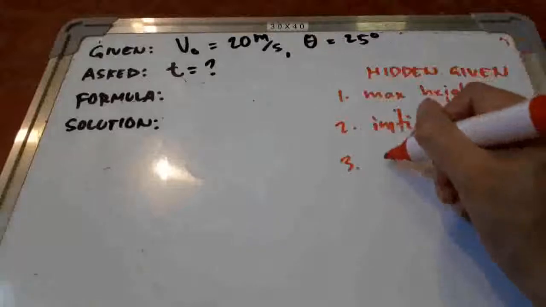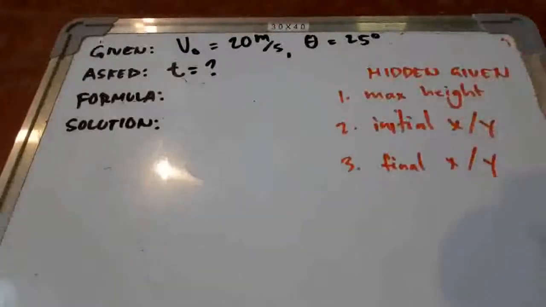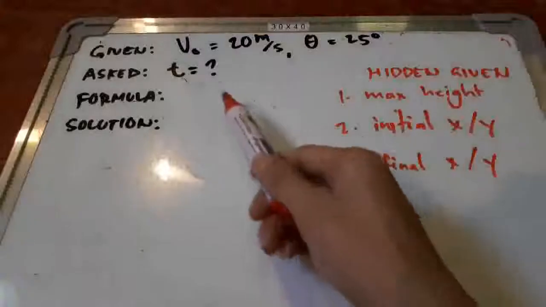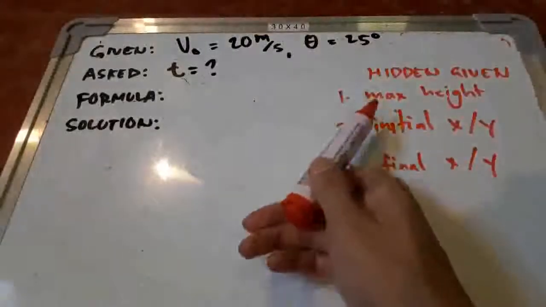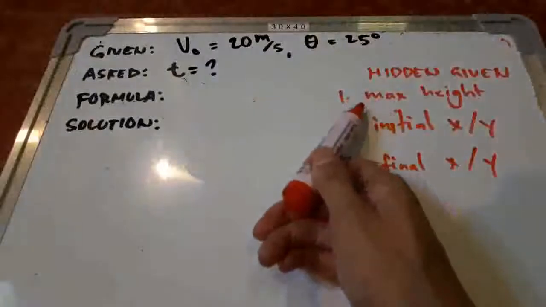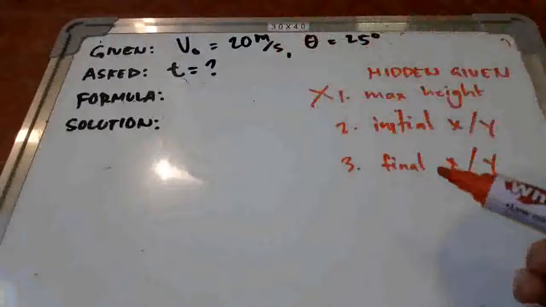And we have our final range and final height. These are our hidden givens. In the case of maximum height, we don't really need it for this problem since what we're looking for is the t. And we have these given. It's not really that necessary to get the maximum height. It's not being asked for. So let's not bother ourselves with that one.